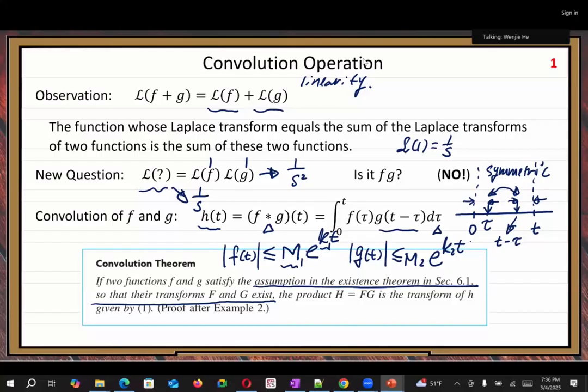Then we can consider the product, capital H equals capital F times capital G. Is this the transform of little h given by the convolution operation? So the answer for this question mark should be the convolution: F star G, the convolution operation.